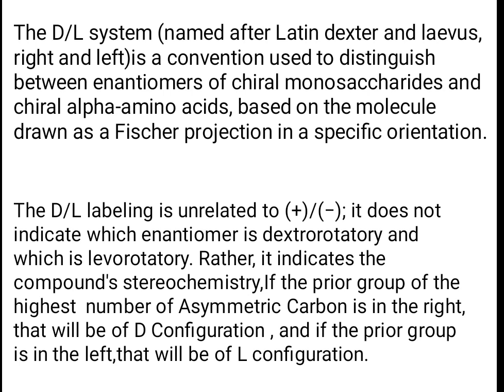It does not indicate which enantiomer is dextrorotatory and which is levorotatory. Rather, it indicates the compound's stereochemistry. If the priority group of the highest numbered asymmetric carbon is on the right, that will be the D configuration, and if the priority group is on the left, that will be the L configuration.